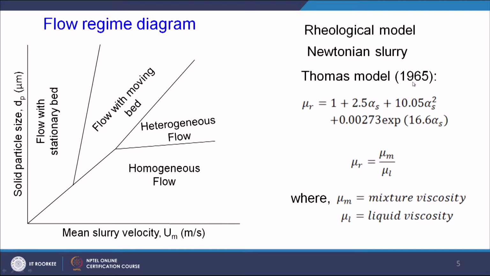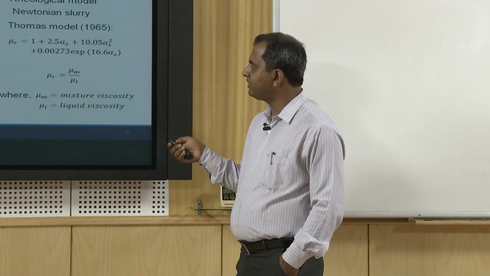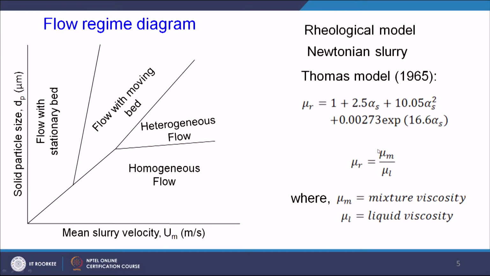He proposed that mu r is the relative viscosity of the mixture and the liquid, so mu r is mu m by mu l, which equals 1 plus 2.5 alpha s plus 10.05 alpha s square plus 0.00273 e to the power 16.6 alpha s.